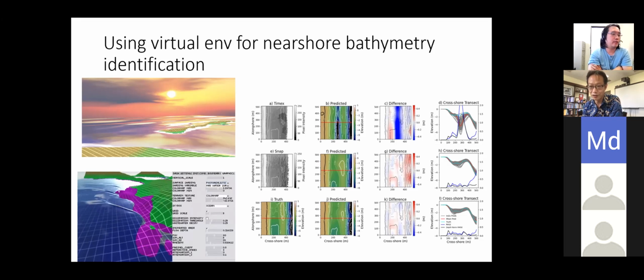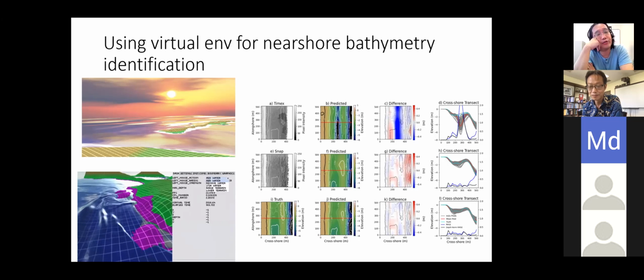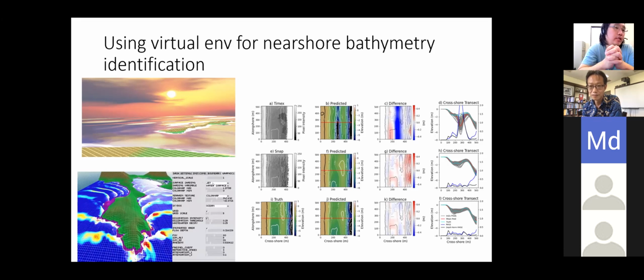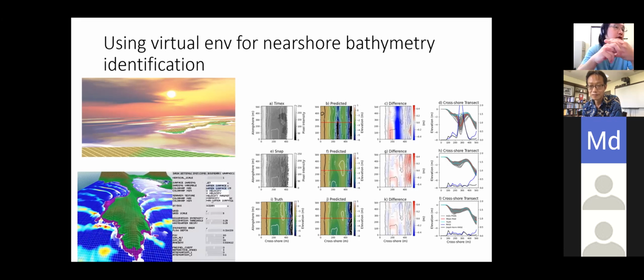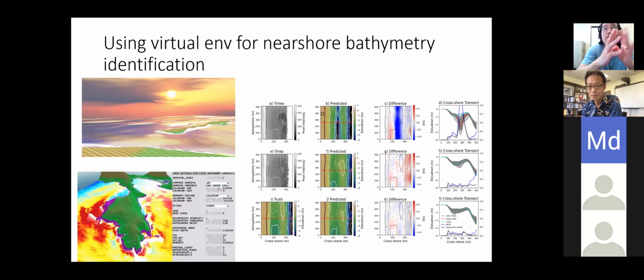I think they do. The solver accuracy is quite impressive. With relatively less computational cost, they can actually produce really nice simulation. And I believe their simulation is quite realistic.